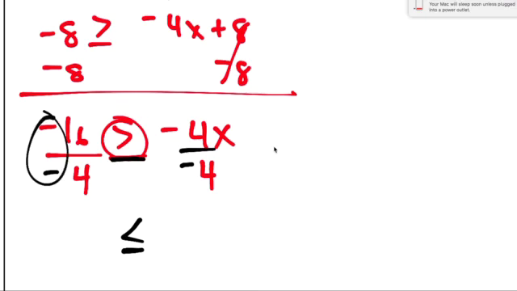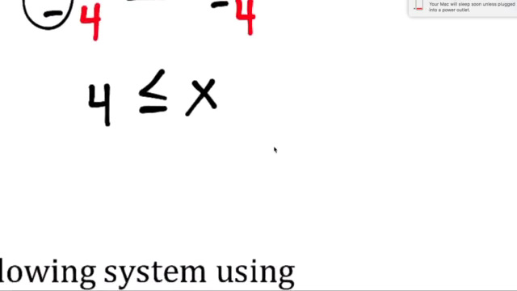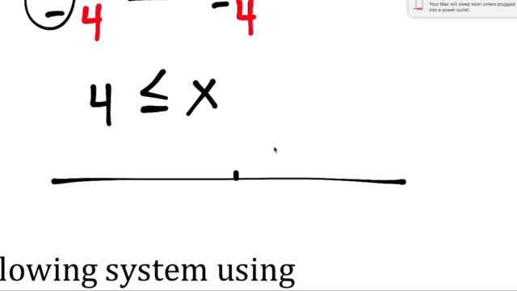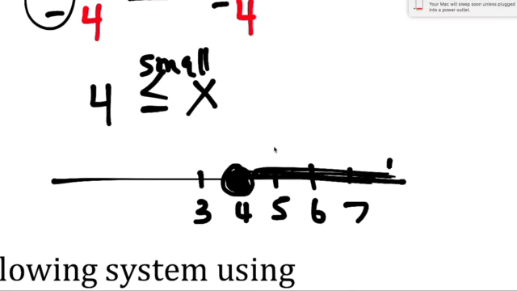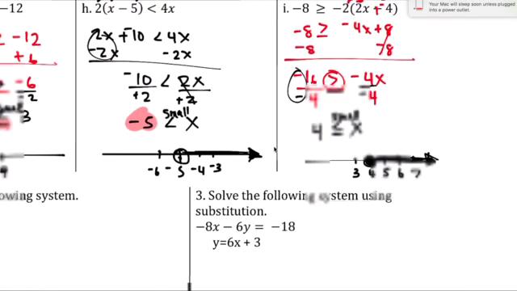Negative 16 divided by negative 4 is positive 4. So 4 is smaller than a number. What is 4 smaller than? 4 here is a closed circle because of this equal to. It's smaller than 5, 6, 7, those types of numbers going up that direction, okay?